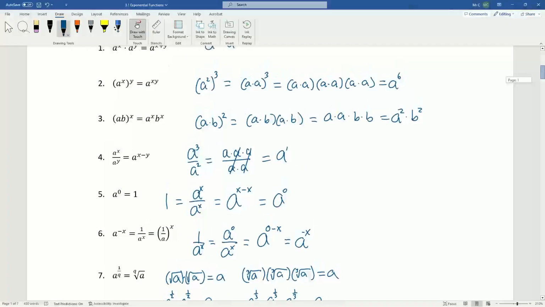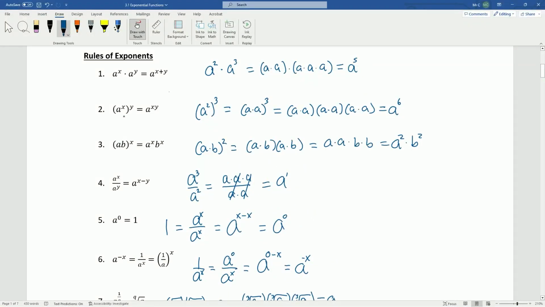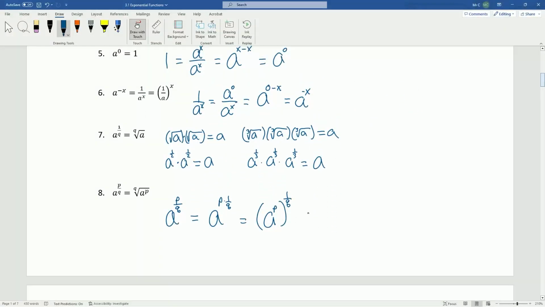Right? That's the same thing as rule number 2 here. A to the x times y equals a to the x to the y power. But the 1 over qth power is the qth root. So this is the qth root of a to the p. So in other words, a to the p over q is equal to the qth root of a to the p.